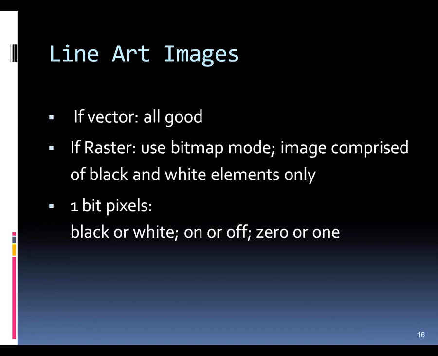And there's a lot of reasons. I don't think we should spend a lot of time going into the real technical details behind this. But 1-bit pixels are either black or white. They're either on or off. There's either 0 or 1. They take 1 bit. It's a very unique mode, and it's definitely the mode to use when you're talking about line art images.